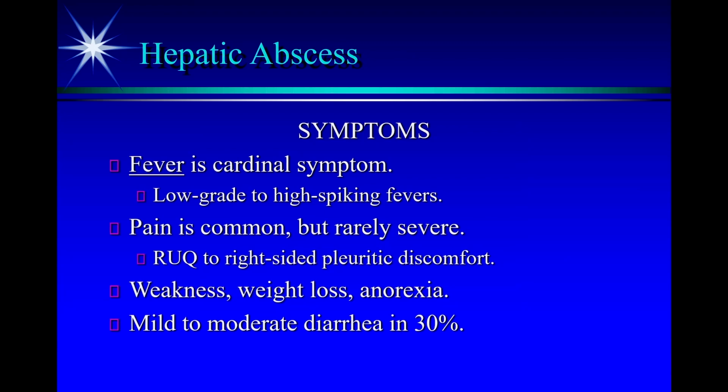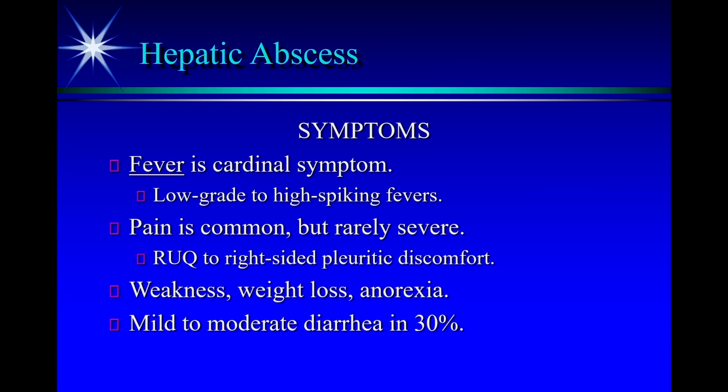So it's not unexpected that the symptoms of an abscess reflect those of a patient who has a systemic infection. So fever, pain is rare, but if it is present, it is typically not severe. And abscesses usually cause a little bit of pleuritic discomfort, especially if they're superior and impinging a little bit on the diaphragm.